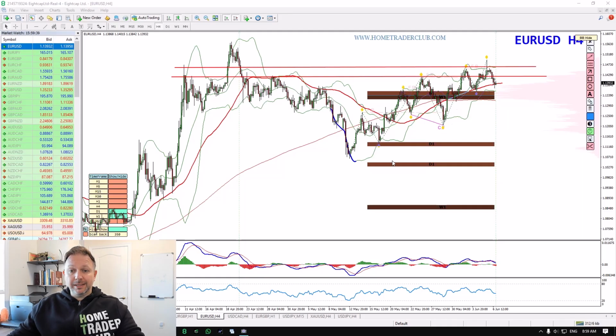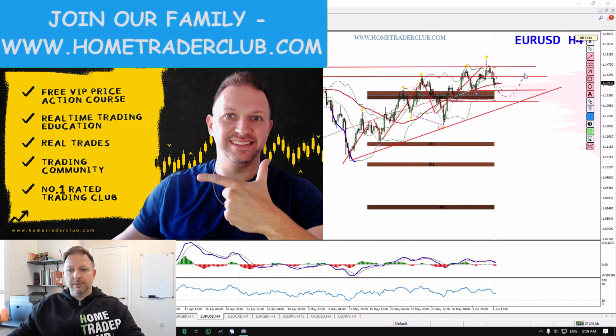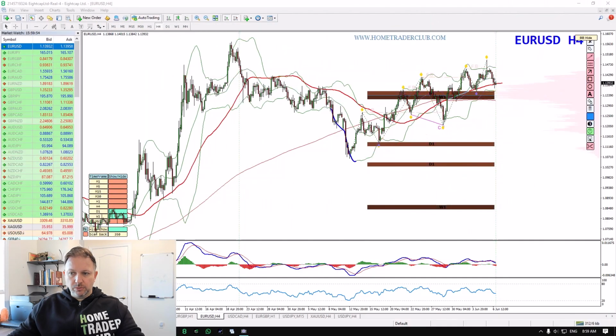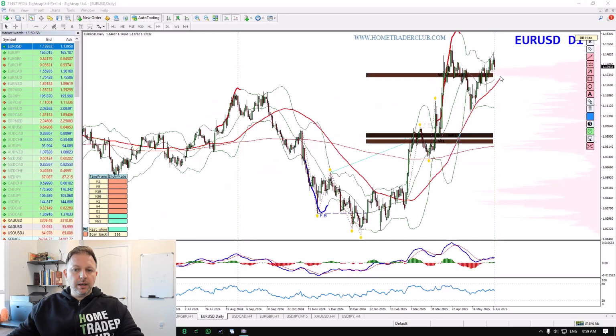If the euro holds this bullish structure of three higher highs, higher lows, holds this key zone at the beginning of the week and bounces up, then we can expect the euro to continue its rally, very possibly towards the zone of 117, maybe even higher than that.